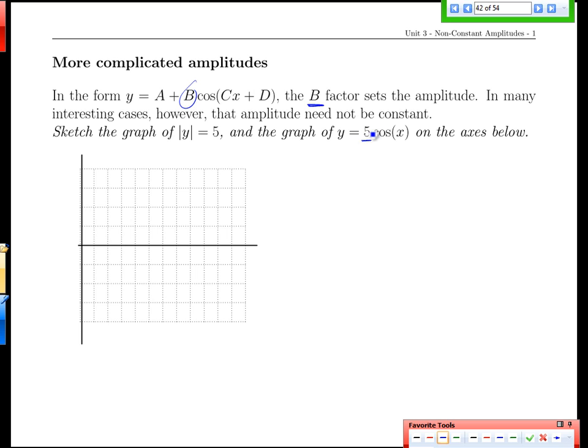We'll start with a constant, 5, and we'll recognize that if that's 5 and that's minus 5, we'll talk about a cosine graph that looks like, sketched out like so. This would be the graph of the cosine.